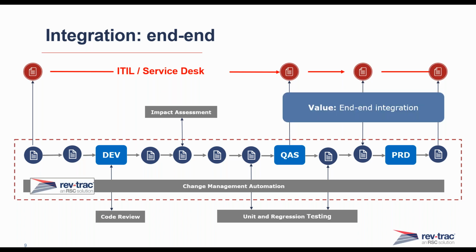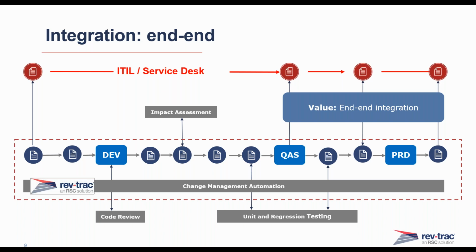The value of this, of course, is now we've got an end-to-end integration. We've got a fully automated process from beginning to end. We have the ability to ensure that all of these things are occurring, that as a change is created and beginning to be managed, that we can be certain that what the IT team has determined necessary for that change to go through, it will. And we have full transparency right the way across through all these integrations as well.